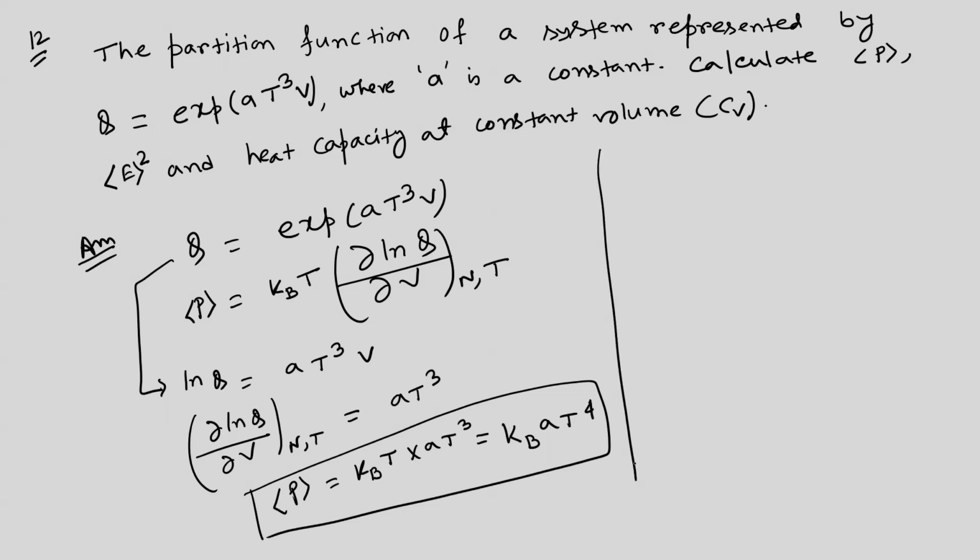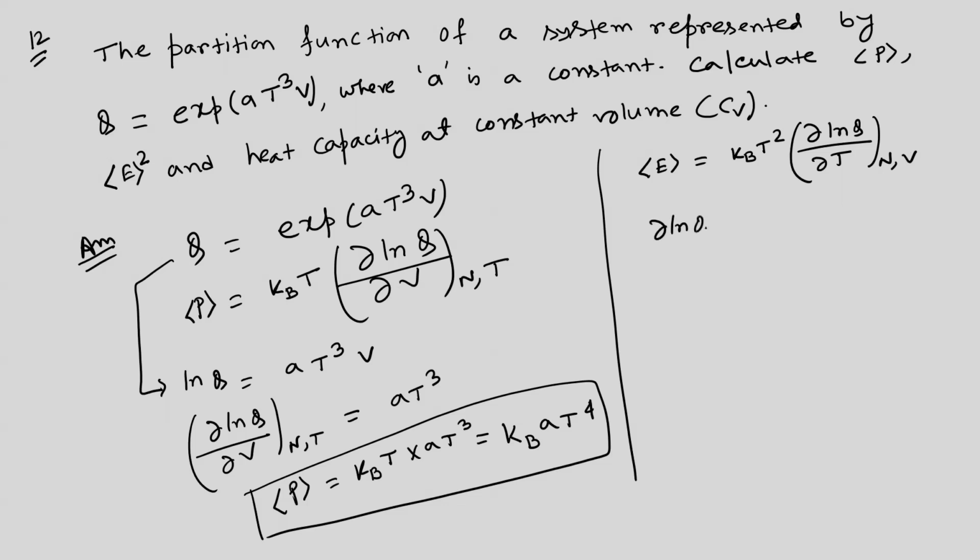Next, we need to calculate average energy squared. So, average energy is kB T squared del ln q by del T at constant number of particles and volume.